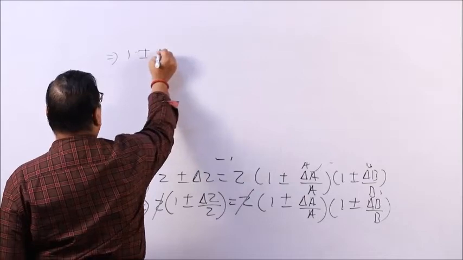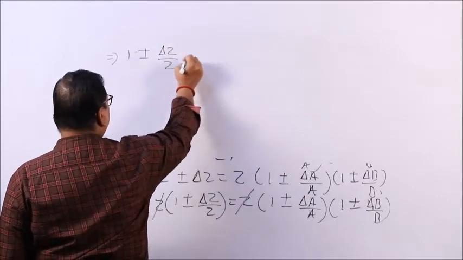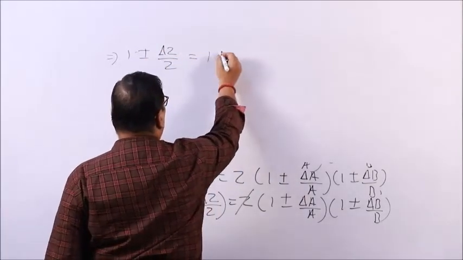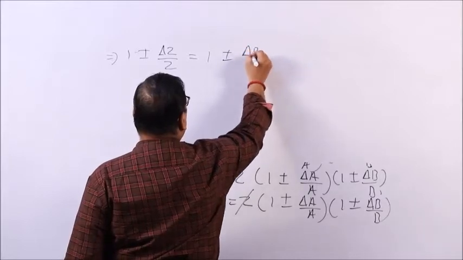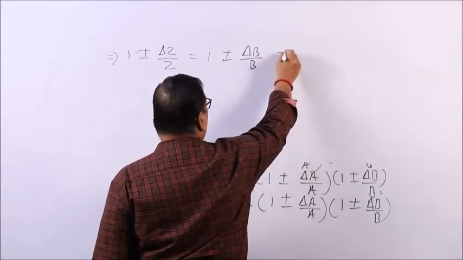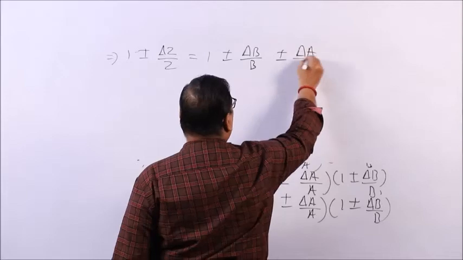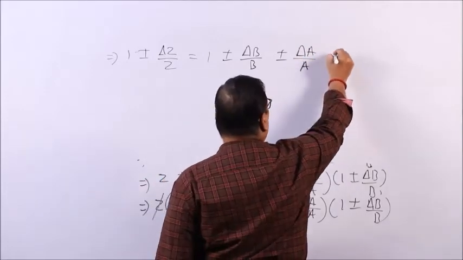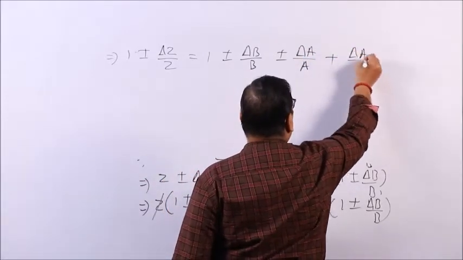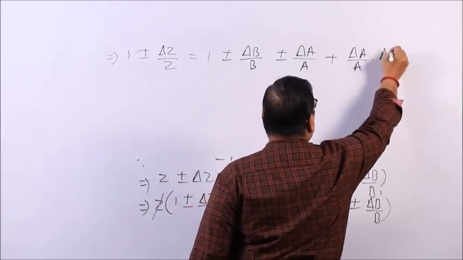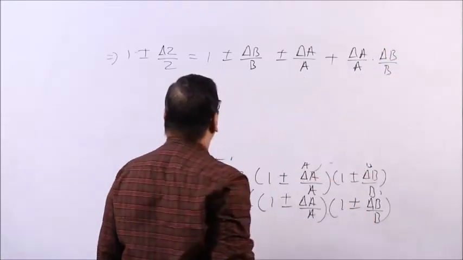Implied 1 plus minus delta z by z equal to 1 plus minus delta b by b plus minus delta a by a, here plus delta a by a dot delta b by b.